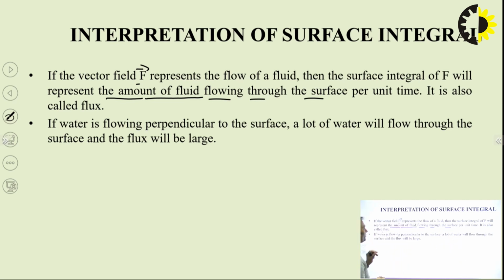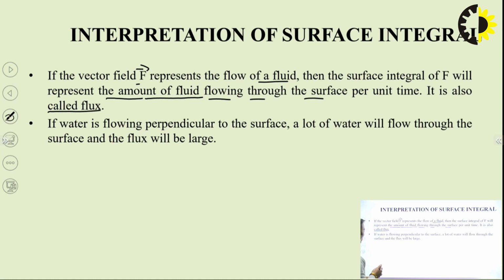This is the definition of flux. What is flux? If you are talking about fluid motion, it is the amount of fluid which is moving through the surface per unit of time. So this is the process of getting flux. Basically, in the interpretation of the surface integral, we are looking for the flux, right?